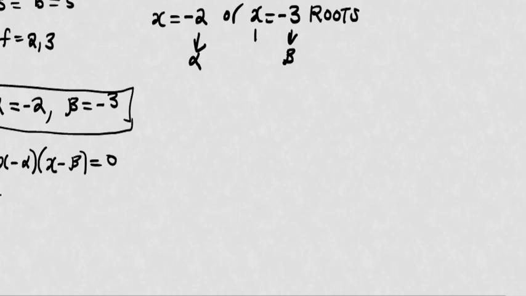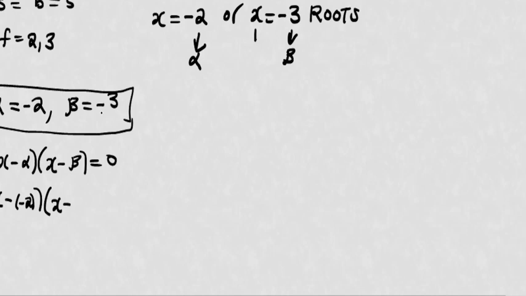So from there now, what do we do? We're going to say x minus, for alpha we have negative 2. So we open brackets and put negative 2 like that. Then open brackets again, x minus, the value of beta is negative 3. So we open brackets and we close like that. Like this, what is negative times negative? That one is positive.